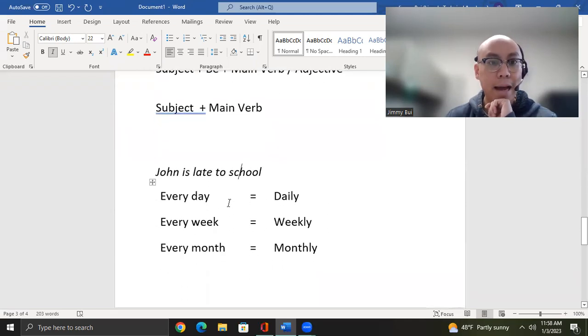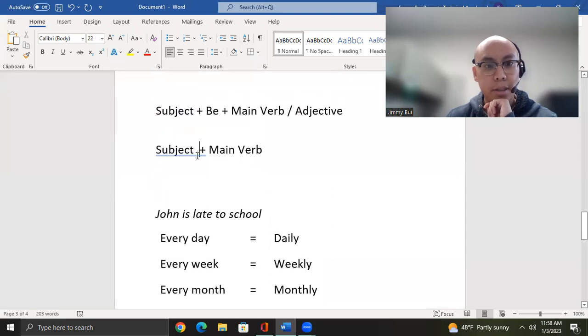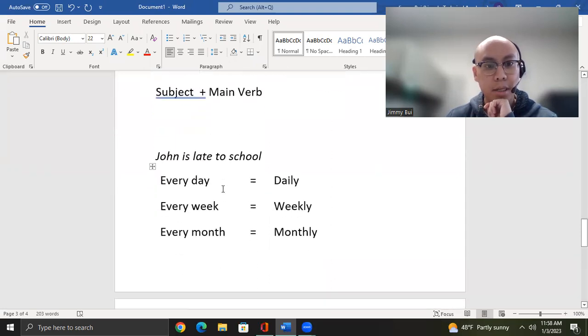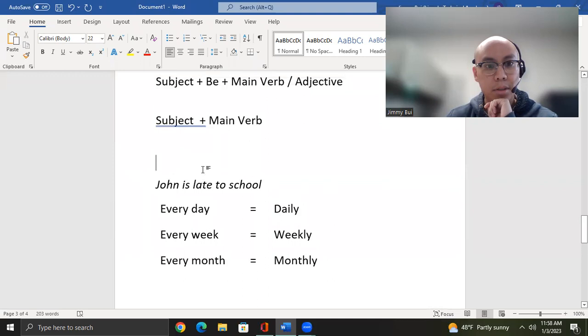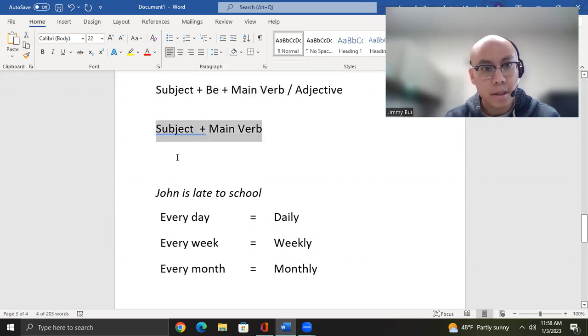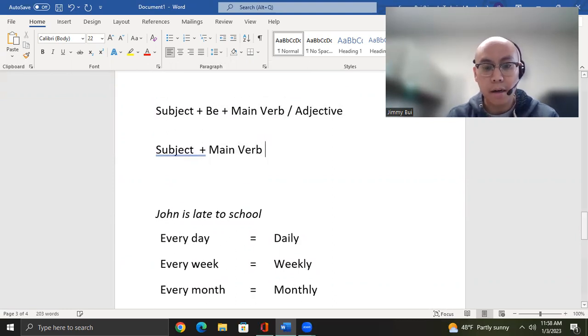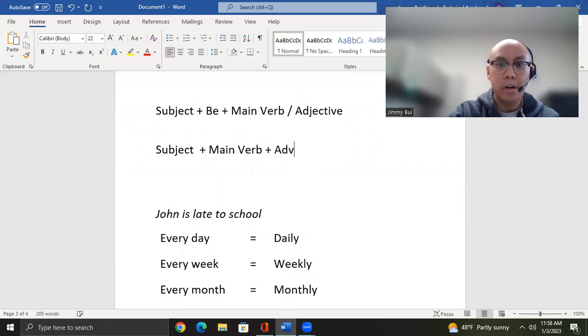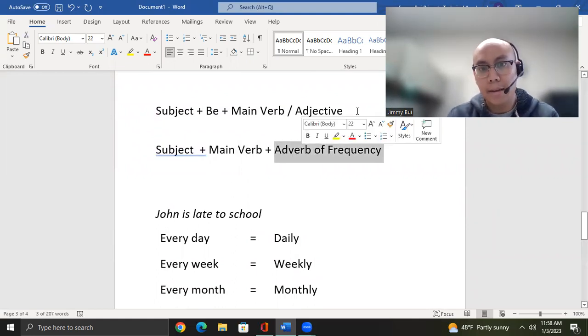Now, what you'll see here is I'm going to use the same pattern: subject, be, main verb or adjective. Now, the difference here is the adverb of frequency is going to come at the end.